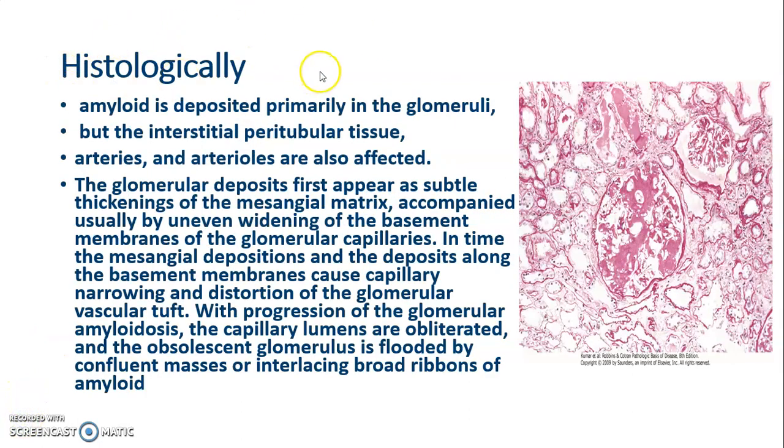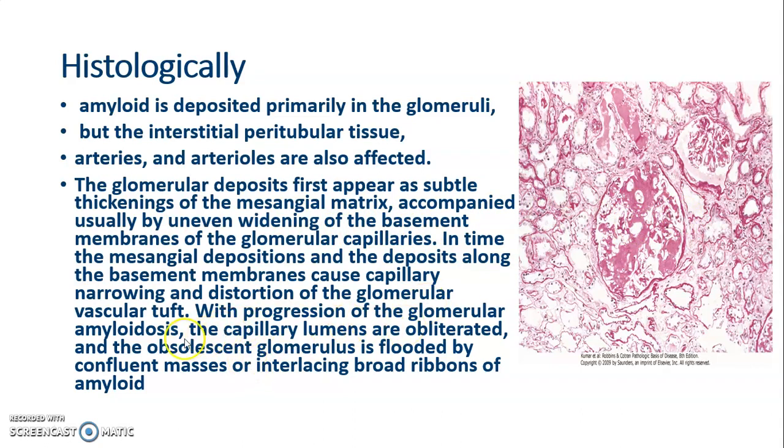On microscopic examination or under histology, the amyloid is deposited primarily in the glomeruli, but the interstitium and arteries and arterioles are also affected. The glomerular deposits first appear as subtle thickening of the mesangial matrix, accompanied usually by uneven widening of the basement membranes of the capillaries.